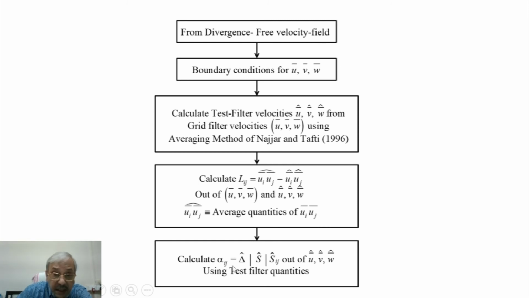Now calculate alpha ij, which is the test level grid size squared into S mod at test level, Sij at test level.